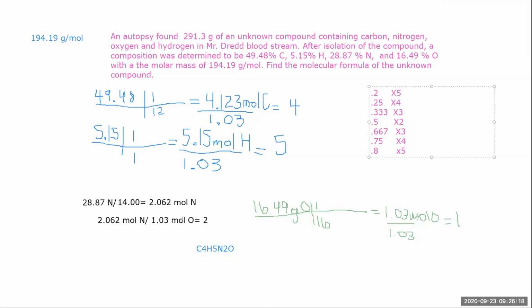But don't we have to find the mass of the C4H5? That's right. What do you want me to label it for the empirical formula mass? Just the part here, so we'll know what you're talking about.